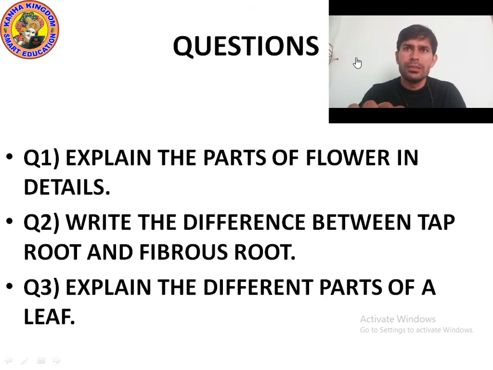Next question: write the difference between taproot and fibrous root.